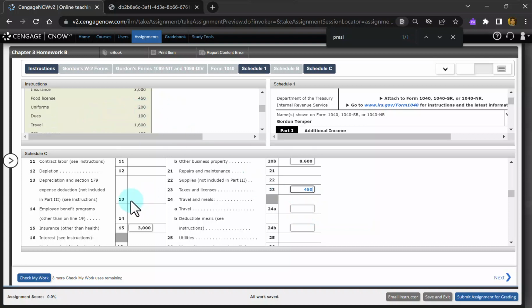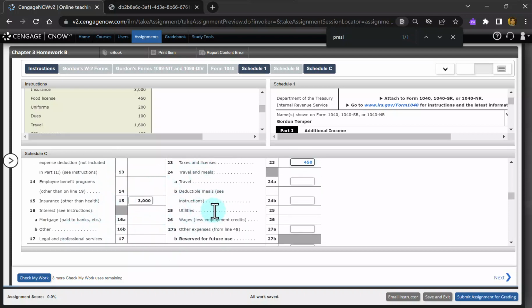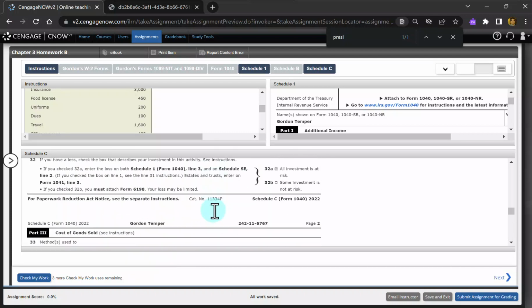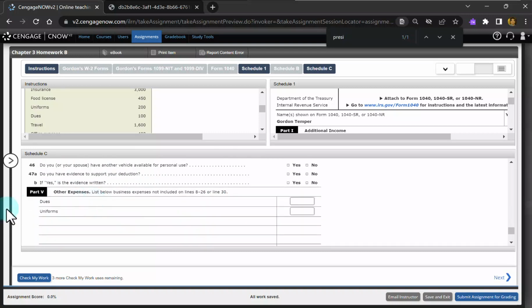And then uniform, there's no uniform field here. So typically you would go to the back side of the Schedule C and you would write in the description and then the amount. Here our description is already there, so 200 for uniform. And dues already again written in as a title here, and we have 100.